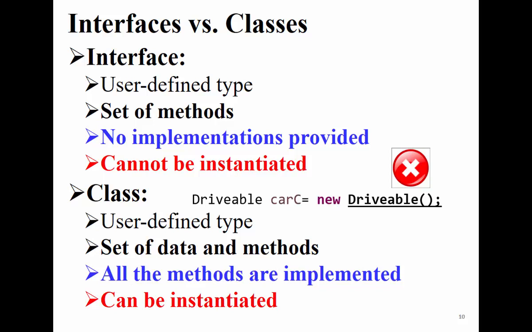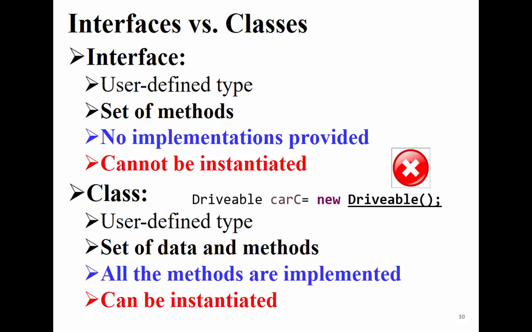You can use the interface as a reference type on the left side. And whenever you use the new keyword, you have to use it with a class that allows you to create objects. Don't get confused with the Math class, for example.